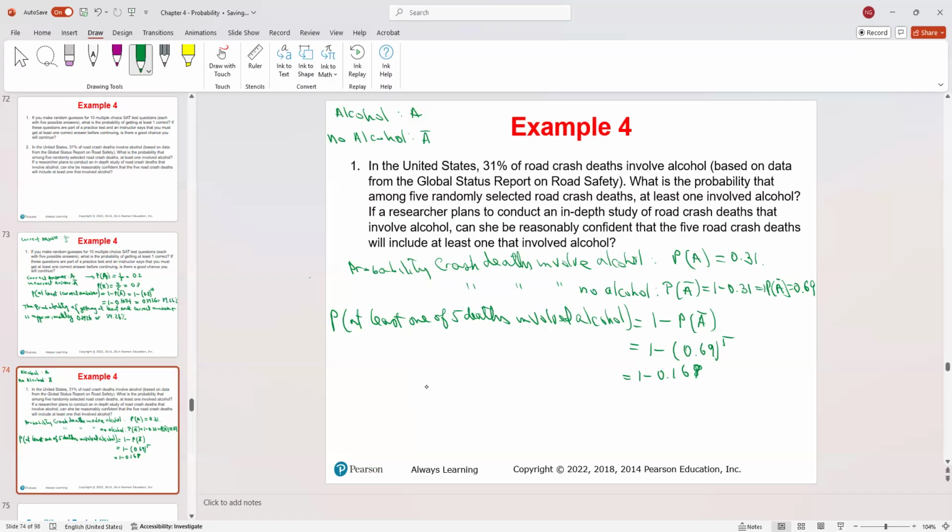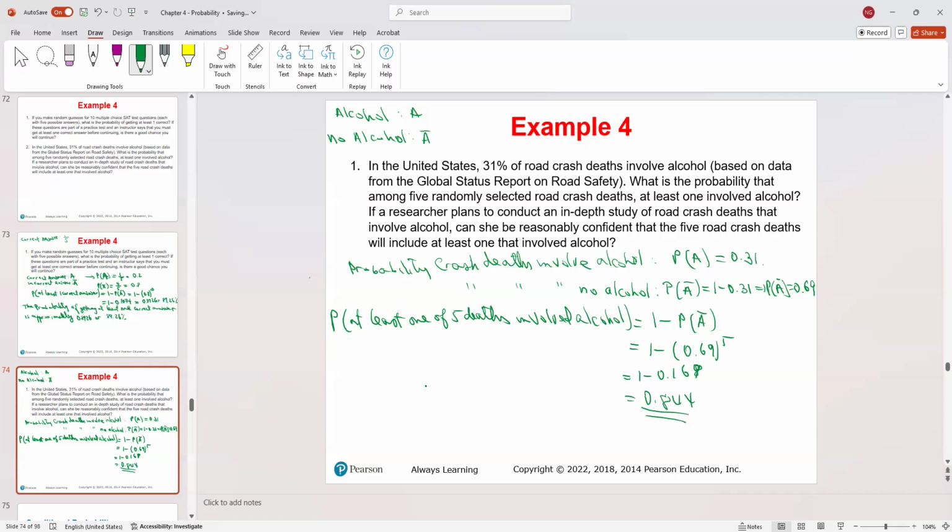For that one, I believe the answer would be 0.844, correct me if I'm wrong. I think the final answer would be 0.844.